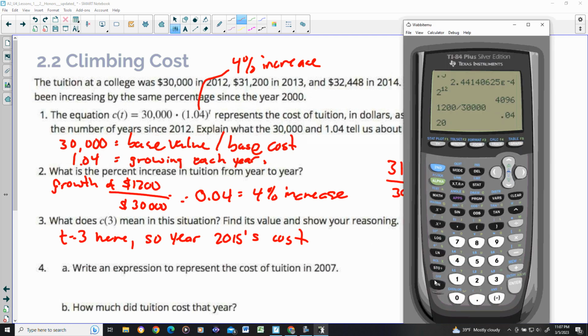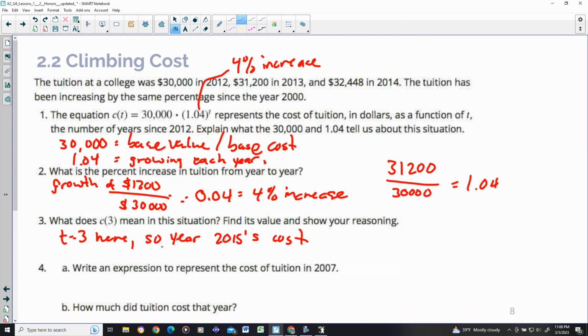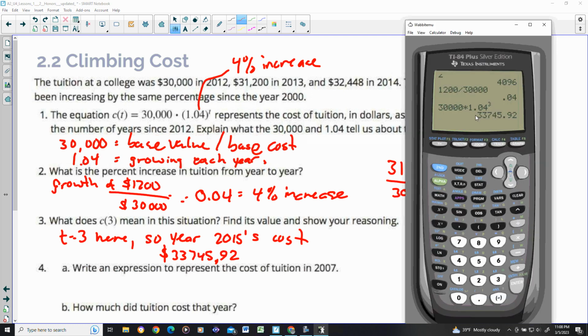So we have to use 30,000 times 1.04, and then we're going to do exponent 3. 33,745.92. There you go. Did I do the math right? I did. Okay.